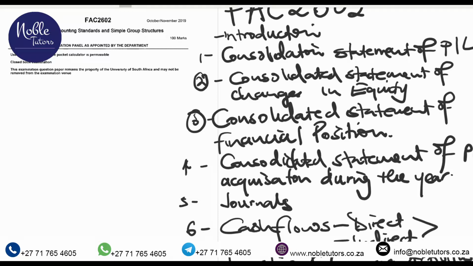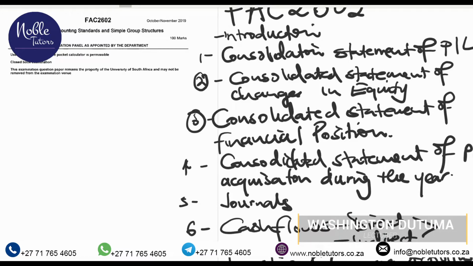Consolidated profit or loss, acquisition during the year: out of the 7 topics that I've listed here, this is the one that is a bit challenging. So we're going to spend more time and put more emphasis on it.